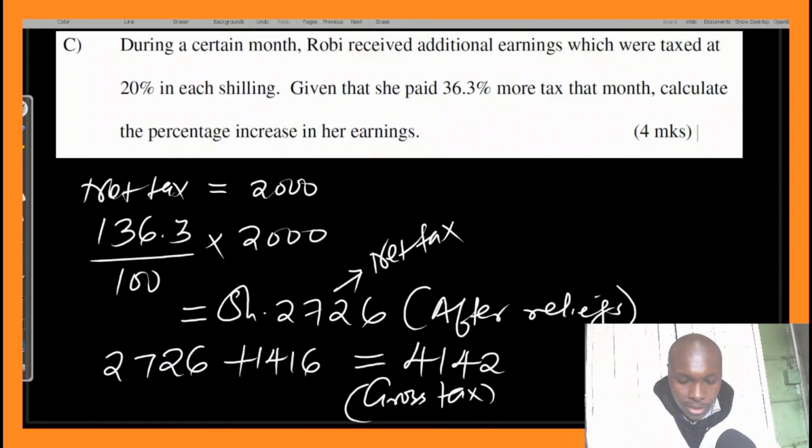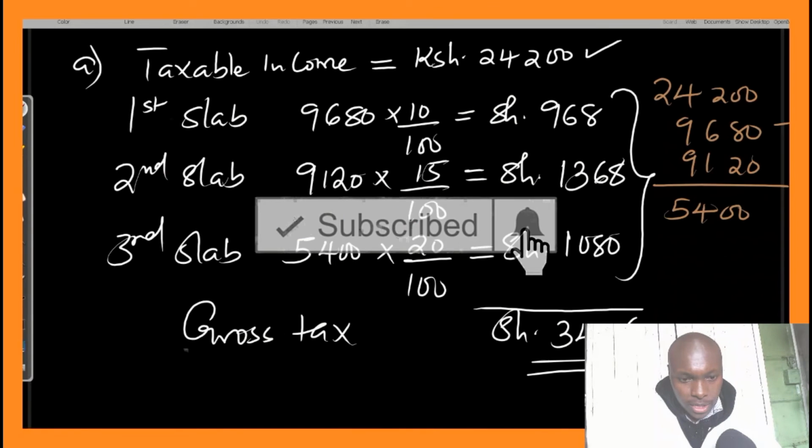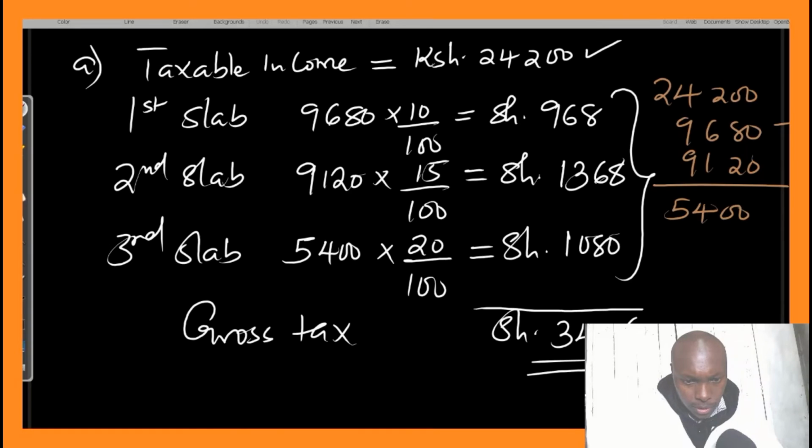The reason why I've added these is because it will help me to work out the additional income. So now when you go to the tax bracket first, already we had taxed these. So in the first slab we had taxed 9680 multiplied by 10%. In the first slab it was 10%.